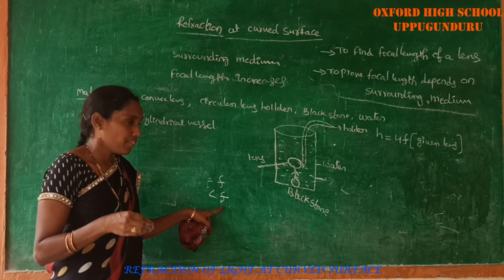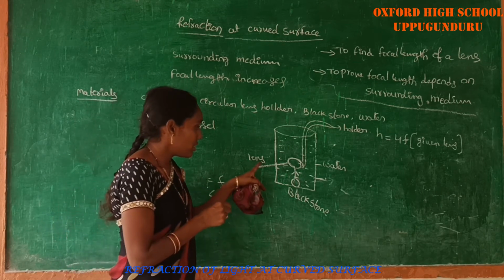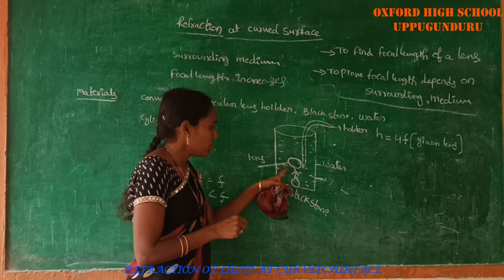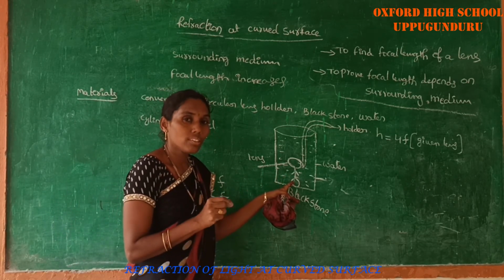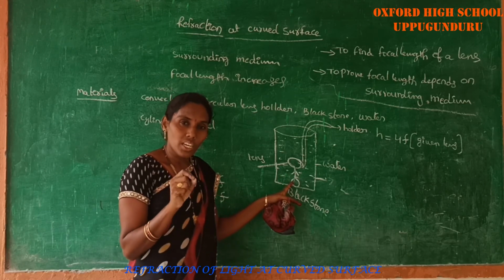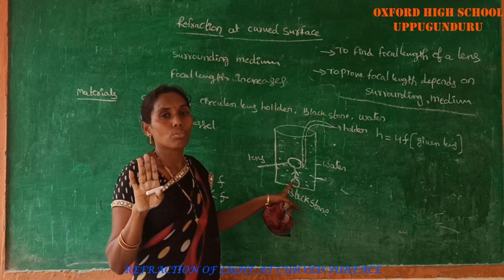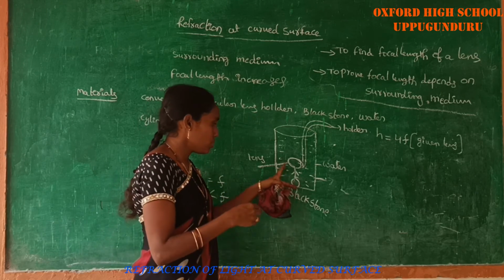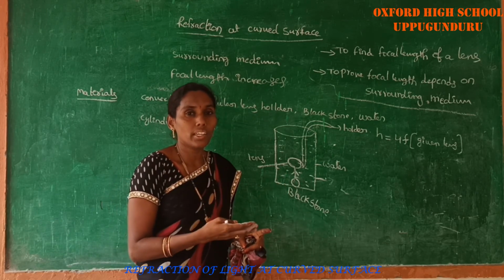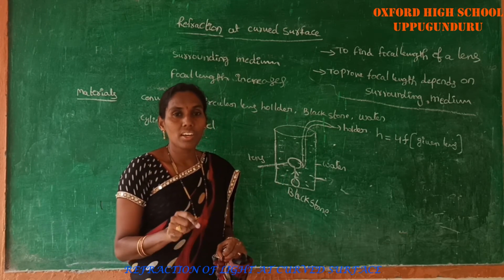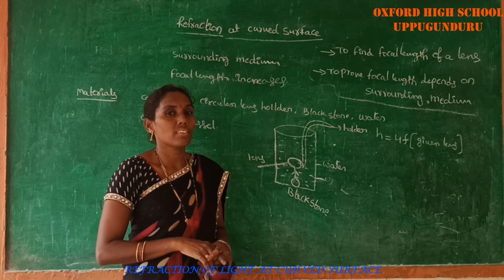If the distance between the lens and the stone is greater than the focal length, at that time also we can see the image of the stone. But if the distance between these two is very great, we can't see the image of the stone through this lens.